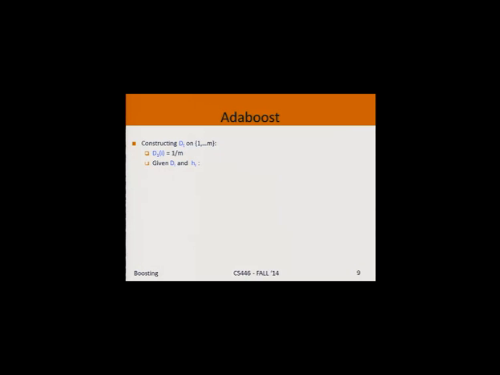the distribution for the round t plus 1. And we're going to define it in the following way. So I'm going to take the existing distribution, dt. I'm going to divide it by something that is just a normalization constant. We'll get to it in a second.